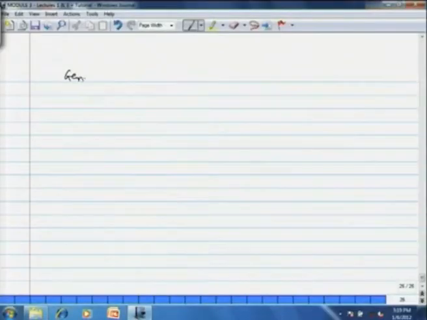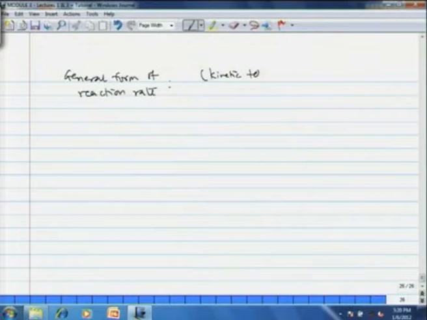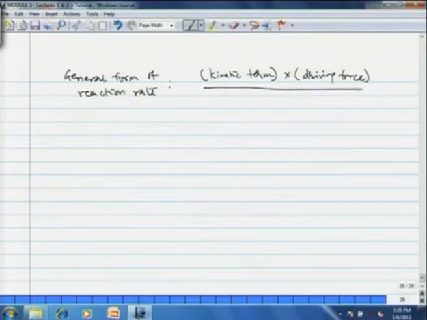The general form of the rate expression for such a reaction is the kinetic term into the driving force divided by the adsorption term.